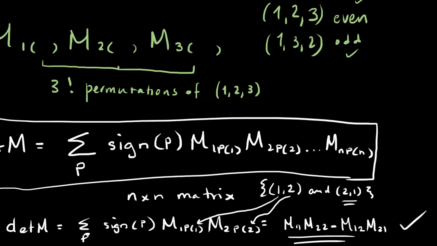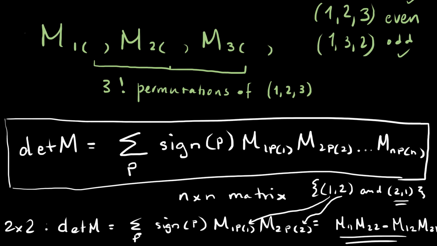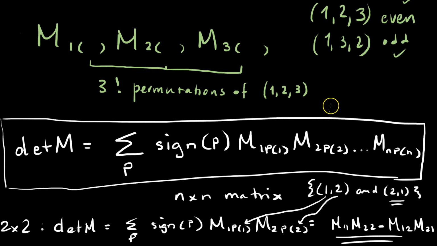But the beauty of this expression is that this applies to an n by n matrix. We just have to find all the permutations. And this is the richness of linear algebra. So it looks like a complicated expression, right? You have a sum over n sums over here, but it's actually pretty simple.